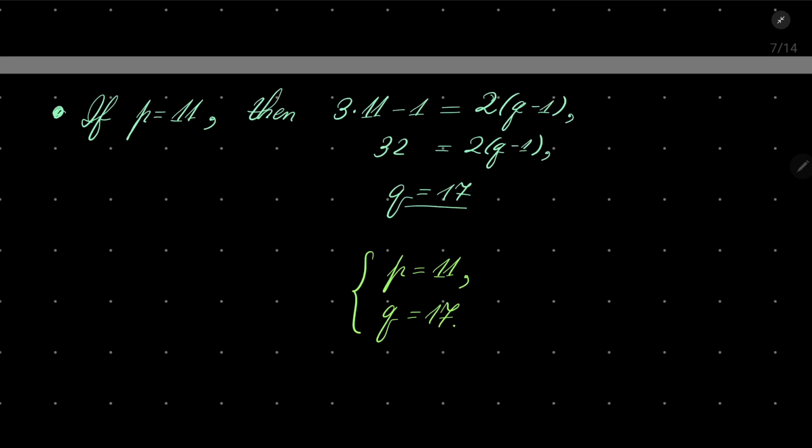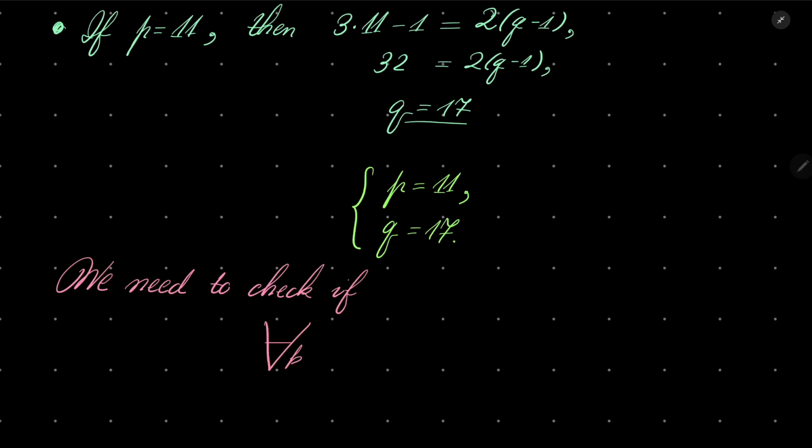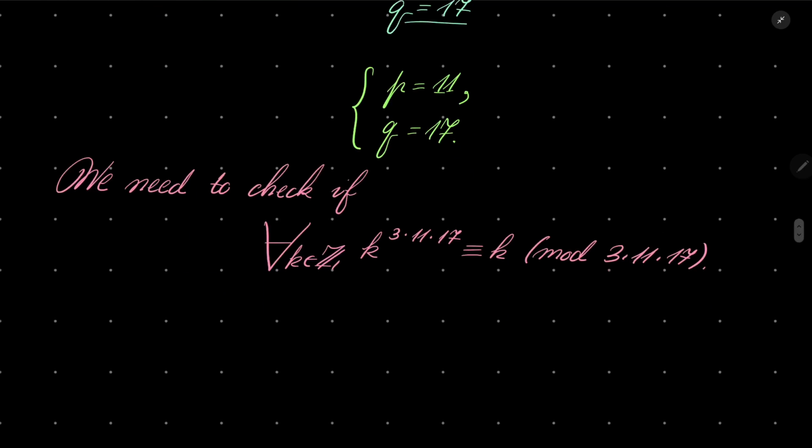But the question is, is it really a pair of solutions? Well, now we need to check if for every integer k, k to the power 3 times 11 times 17 is always congruent to k modulo 3 times 11 times 17. We have to check that. How can we do it?